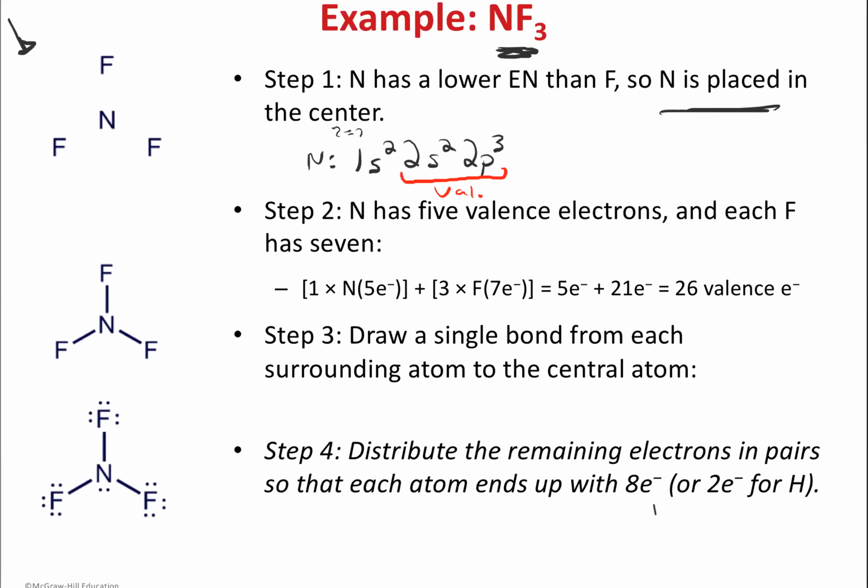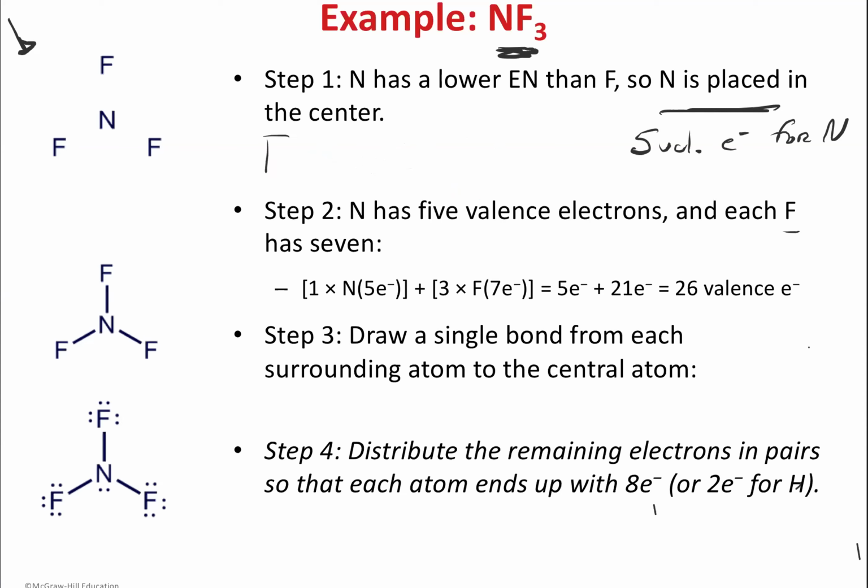So each nitrogen atom has 5 and only 5 valence electrons. Now I need to figure out fluorine. I do the same type of thing. Fluorine is a couple elements over from nitrogen. It's atomic number 9. It has 9 electrons.